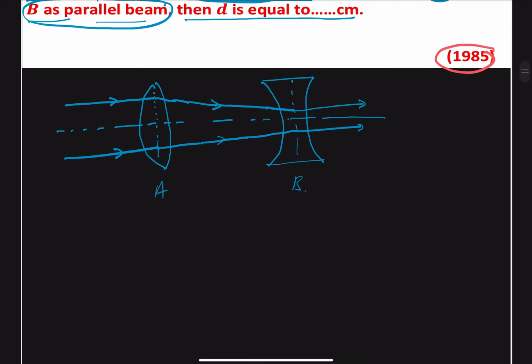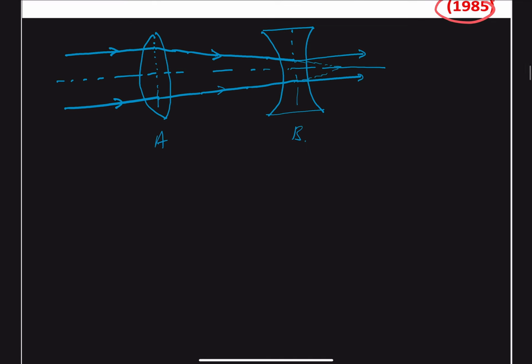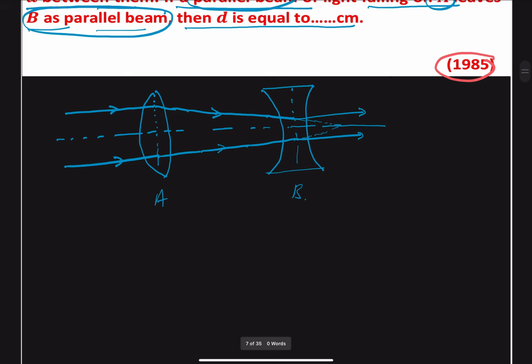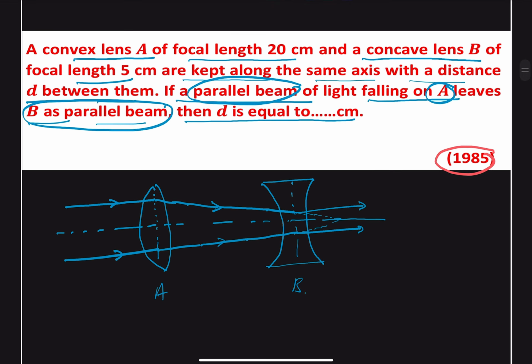If we extend this, it will give a virtual image somewhere here, and this will be our 20 centimeter, and the concave B has focal length 5 centimeter.